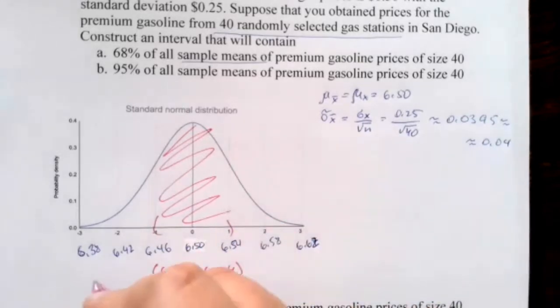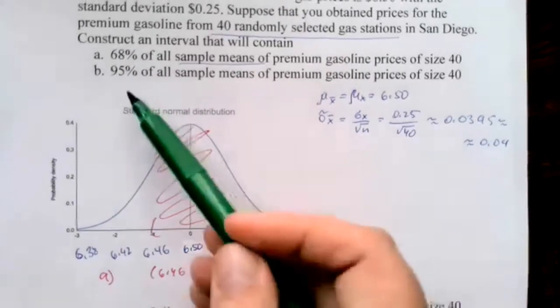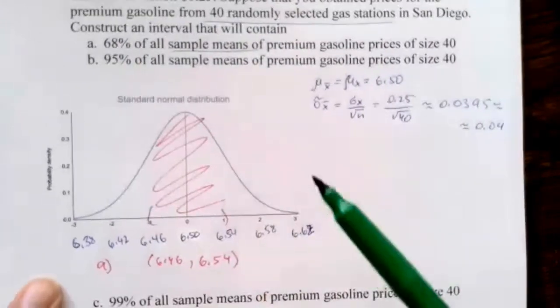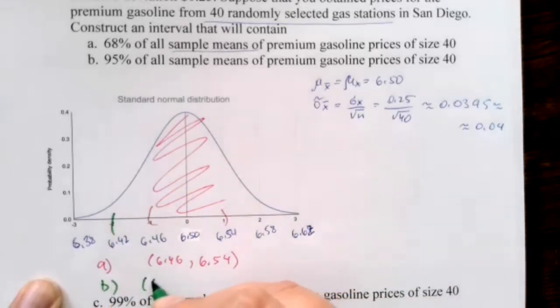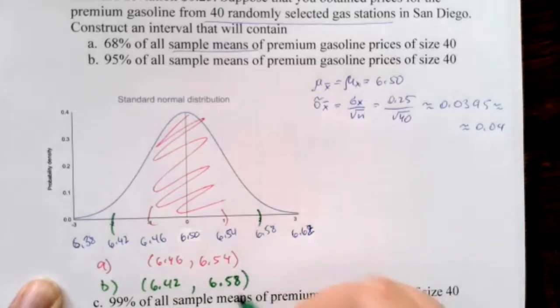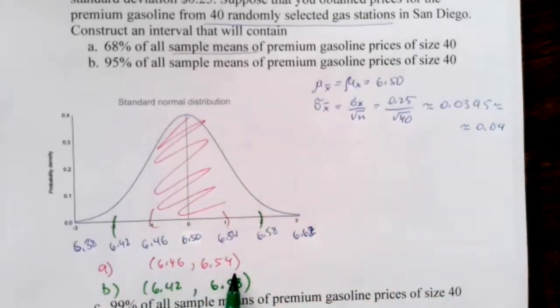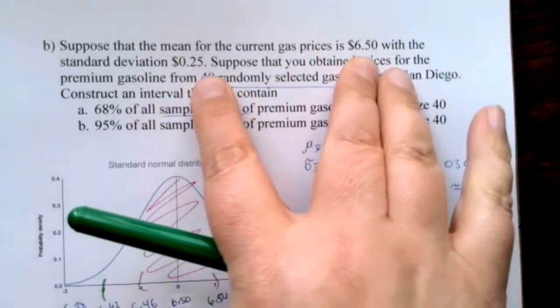So that would be the answer to question A. The answer to question B, if we want to catch 95% of all sample means, then we would go from 6.42 to 6.58. Okay, so this is the interval that contains 68% of all sample means, and this interval contains 95% of all sample means of premium gasoline prices of size 40, given that these are the parameters of our population.